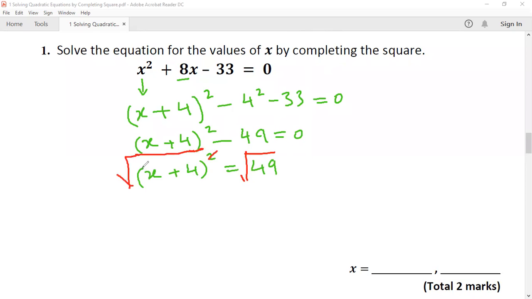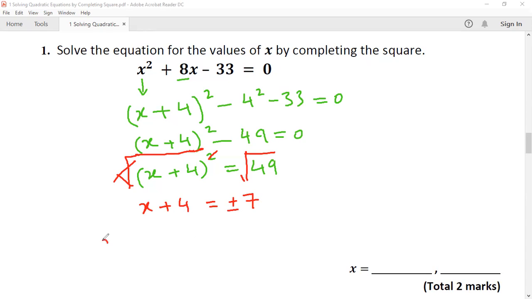On this side, square and square root will get cancelled. So I'm going to get x plus 4 equals, and what would be the square root of 49? It can either be plus or minus 7. So at the moment the equation is saying that x plus 4 is either equal to plus 7 or x plus 4 is equal to minus 7.